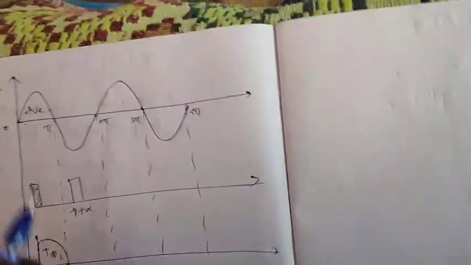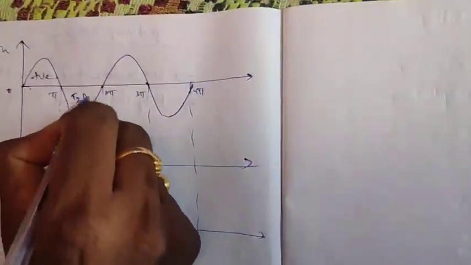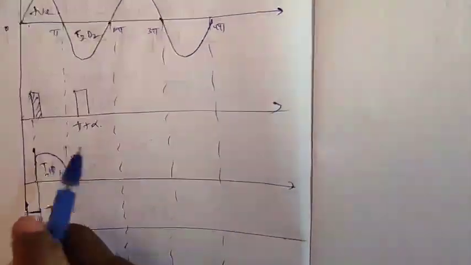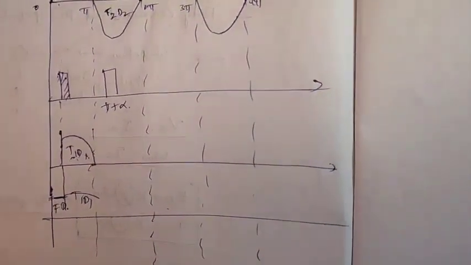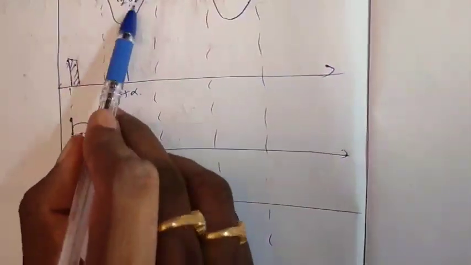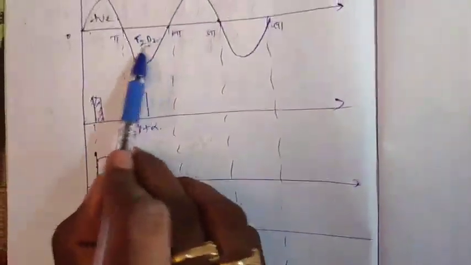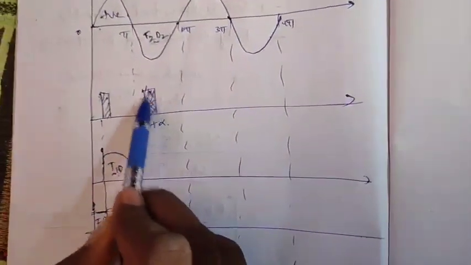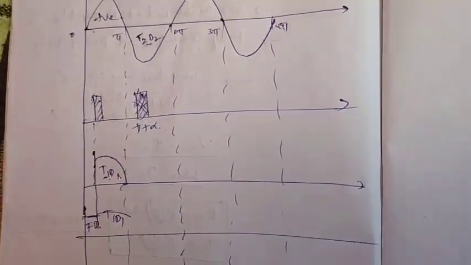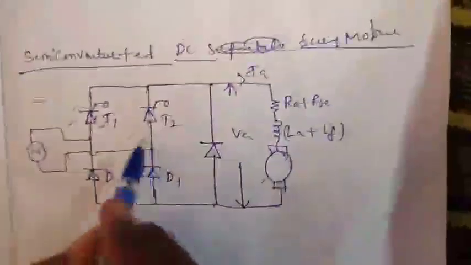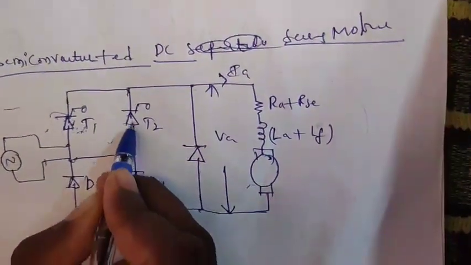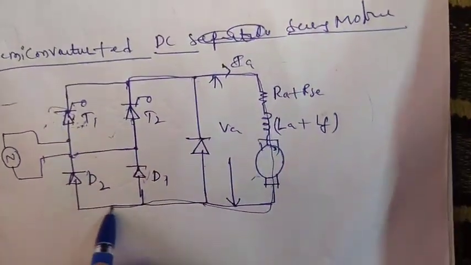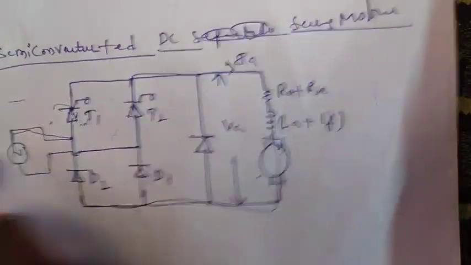During this period thyristor T2 and D2 are forward biased, while T1 and D1 are reverse biased and automatically turn off. That is natural commutation. These two are forward biased but in blocking mode until you give the firing angle; then they conduct and current flows through thyristor T2, the motor, diode D2 and the negative of the supply.